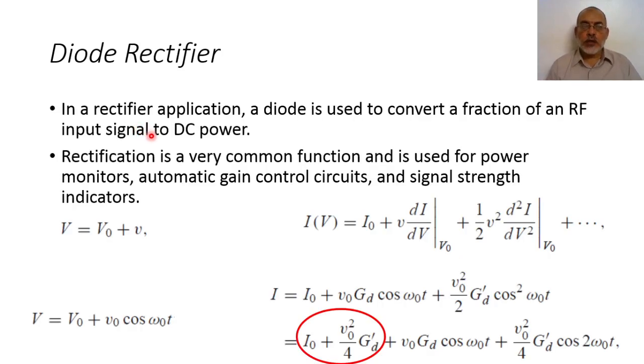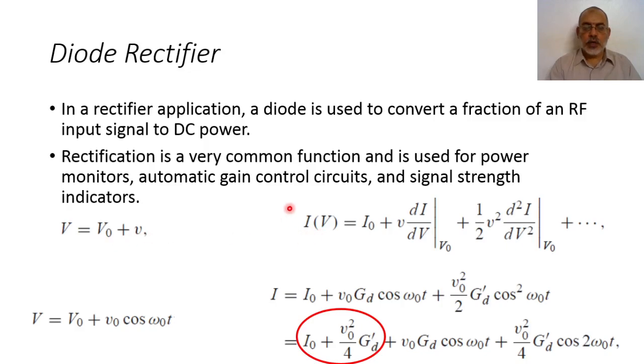To quantify the rectification of the Schottky diode, we are going to use the equivalent model for the Schottky diode, the current as a function of the input voltage, where the input voltage, as I said, consists of a DC signal V0 plus a small signal AC with an amplitude small v.